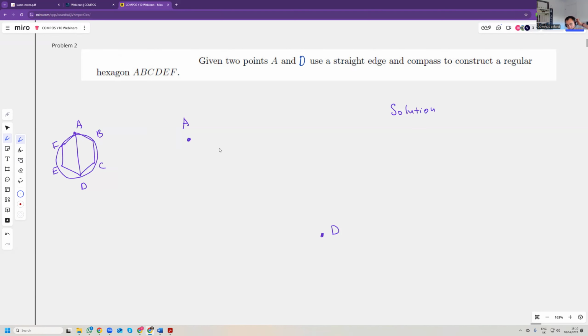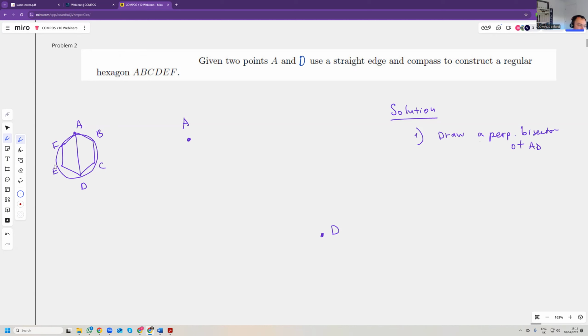Okay, so solution. How are we going to go about it? Well, obviously, the first thing you would do is to find the midpoint first. Draw a perpendicular bisector of AD.